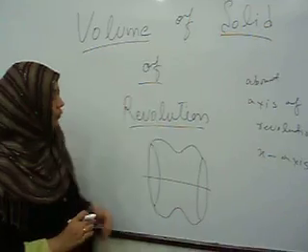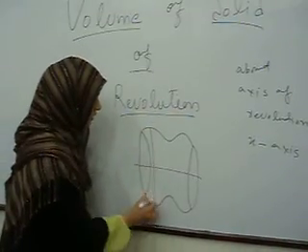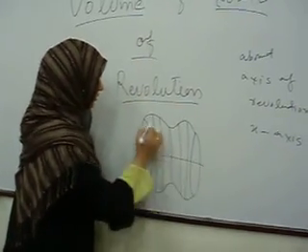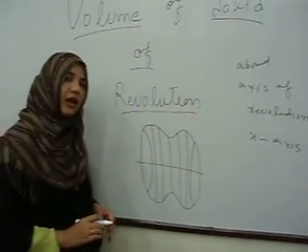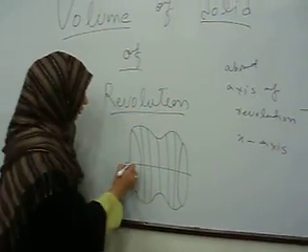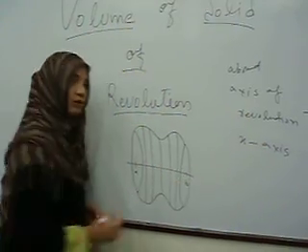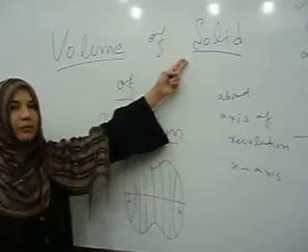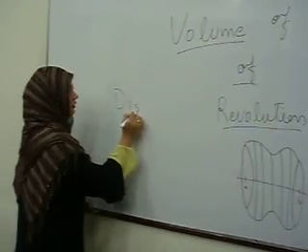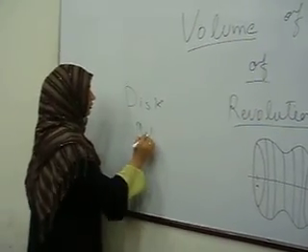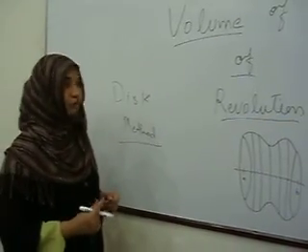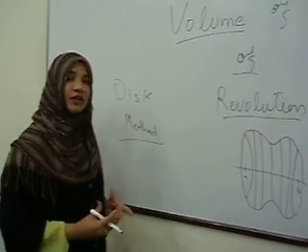To get the volume, we slice this particular solid into several discs. Getting the volume of one disc and then integrating over the whole region between A and B will give the final volume of that particular solid of revolution with the help of this method. So for this method, initially I need to know the volume of a circular disc.